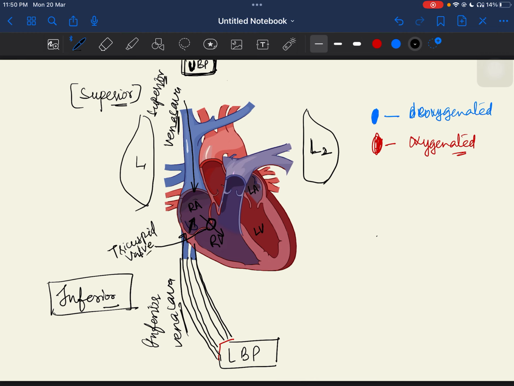Why tricuspid? Because here is a thing named chorda tendineae. One, 2 and 3. What happens? This chorda tendineae will stretch this wall so that the outflow of the blood from the right ventricle to the right atrium is restricted.